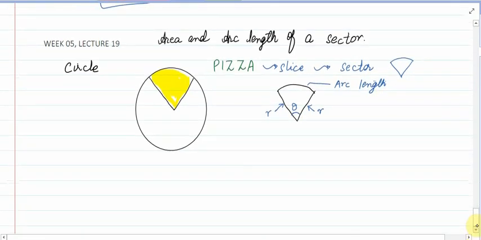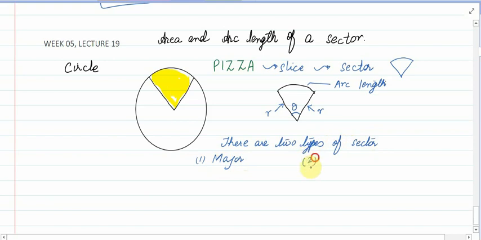Moving forward, now basically there are two types of sector. First one is major sector, and second one is minor sector.